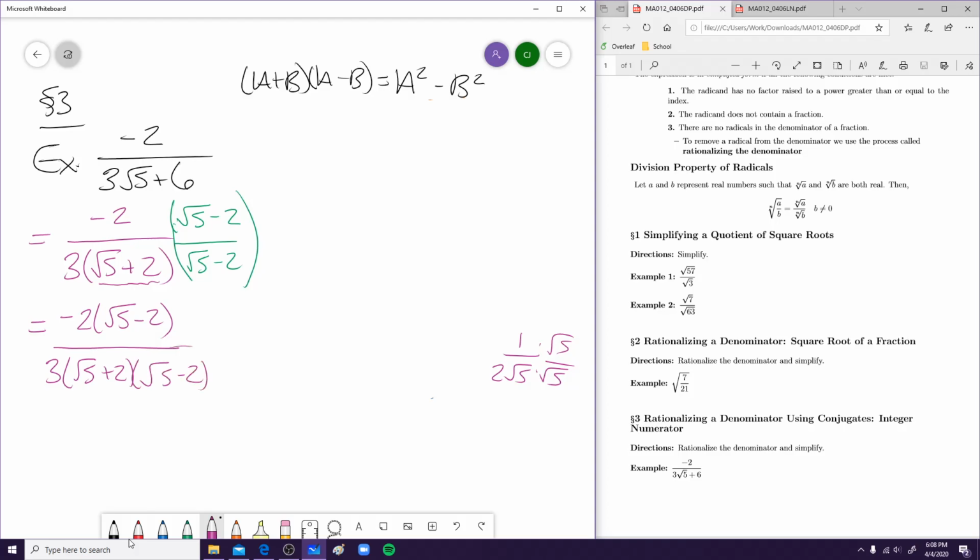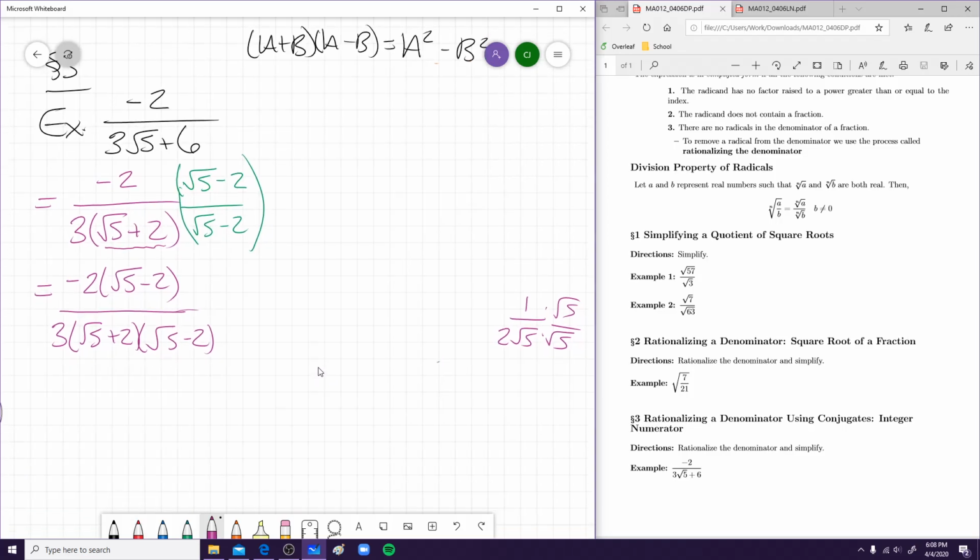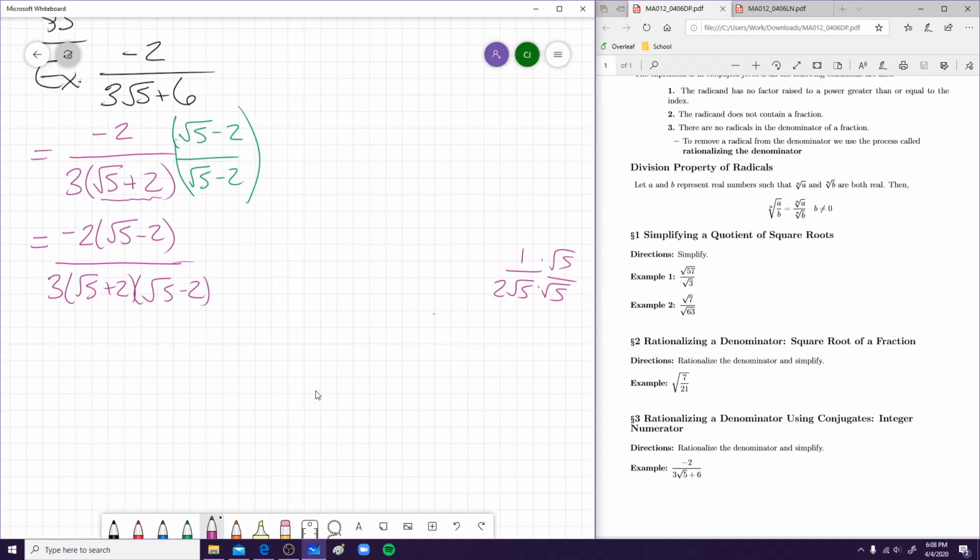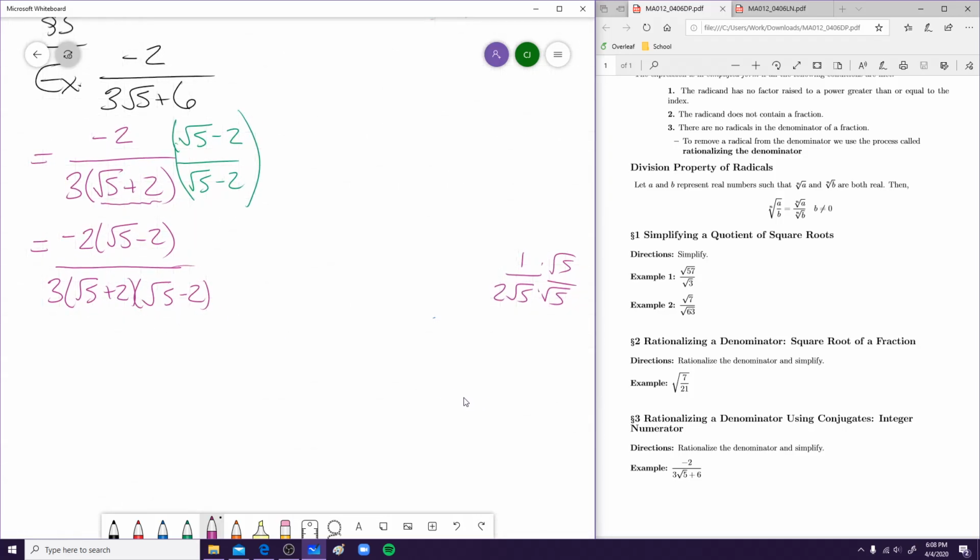Right, so since I multiplied, I did numerator times numerator, denominator times denominator. So now, over here, same thing, like when you have 3x plus 5, we just distribute this 3.